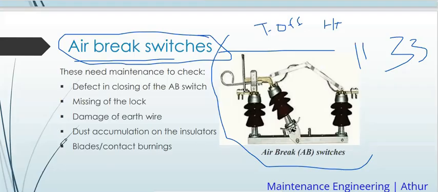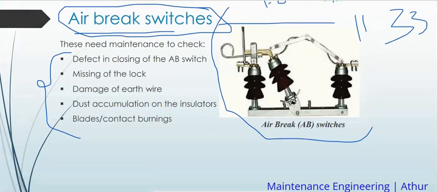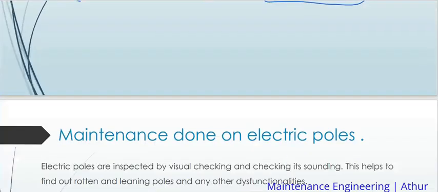Because if there is an anomaly in the air brake switch, you switch off, you think you have isolated, then you go to work, many people may die. Therefore, it is very important to do all these maintenances you see here: damage of the earth wire, dust accumulation, blades, contact burning. All those should be checked and done.